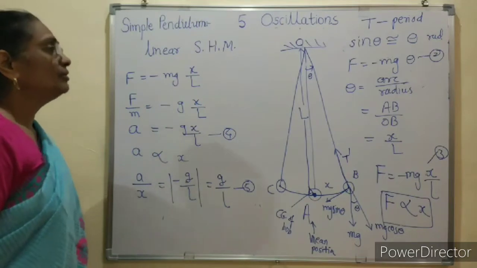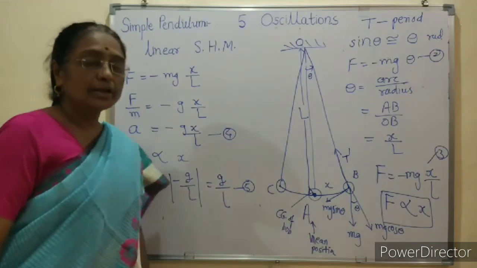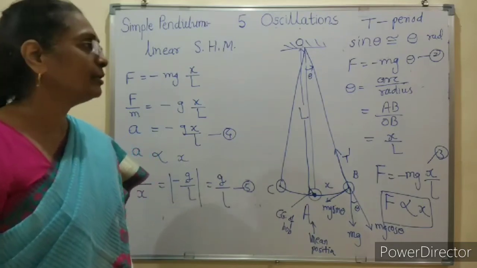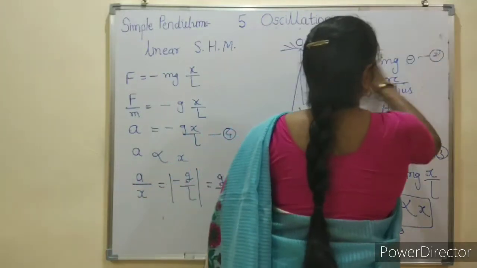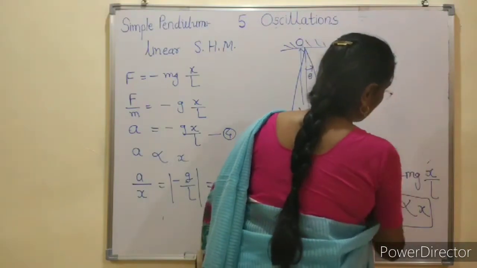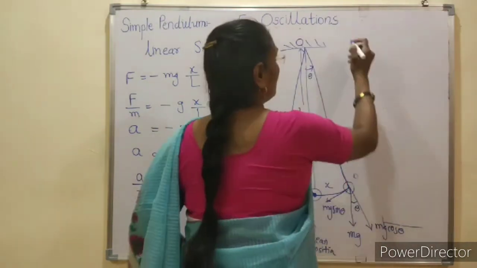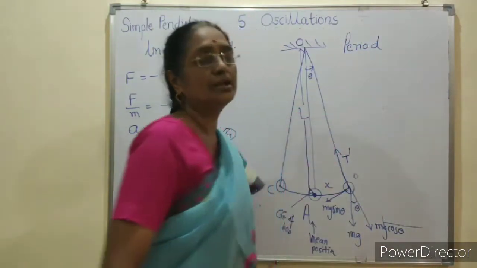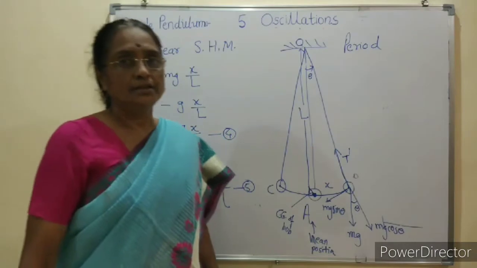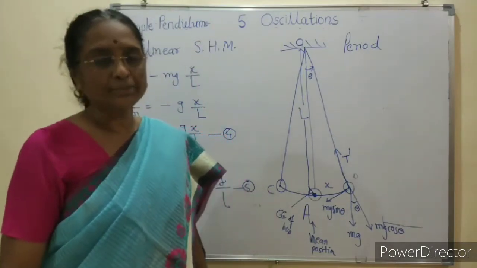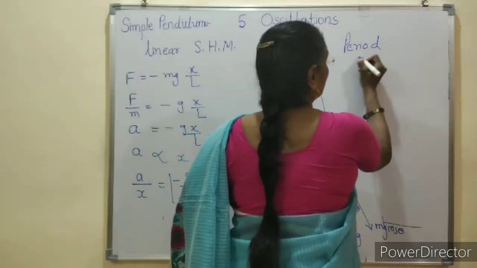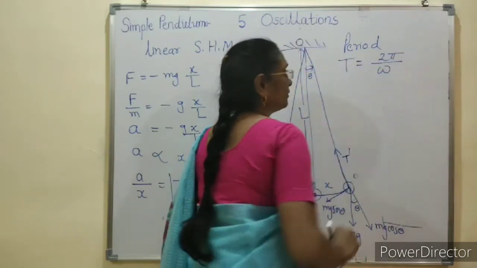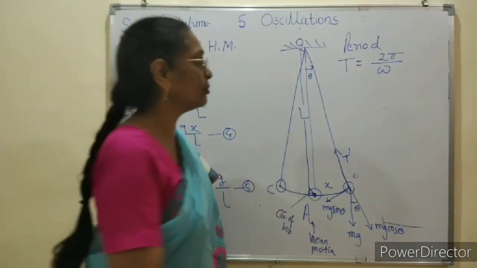Now from this equation we deduce the equation of period of simple pendulum. How can we derive it? We know the expression for period. Period of oscillation, you know, is defined as the time required for one complete oscillation, and it is related to the angular velocity or angular frequency by this relation, T is equal to twice pi upon omega.